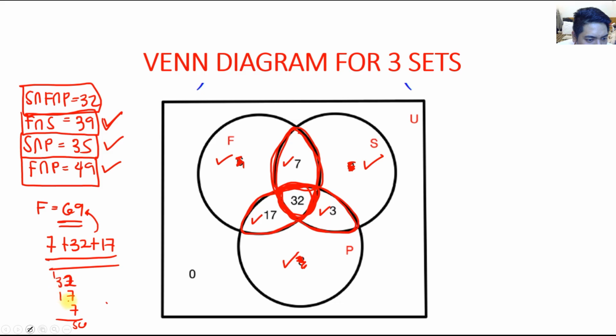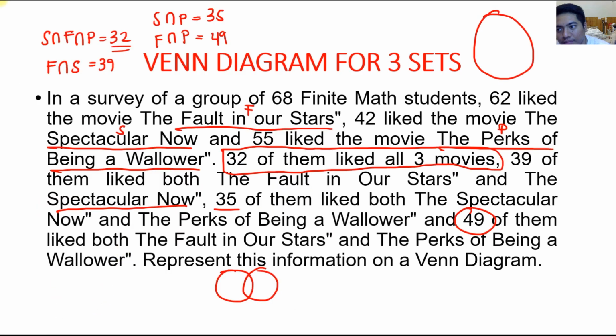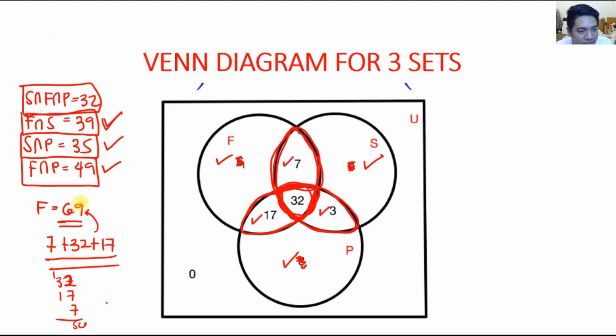You have 4, 5, 56 here. Alright, so we have 56. Sorry, my mistake. This should be 62, not 69. So the remaining number of F would be 62 minus the combination of all in F. 62 minus 56, that is 6. So you already have 6 here.